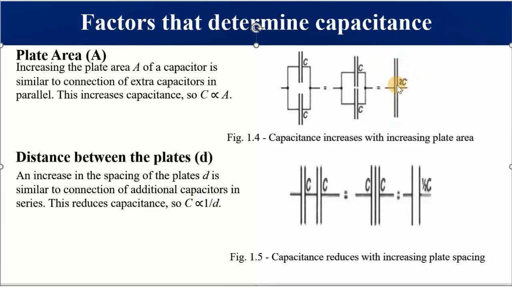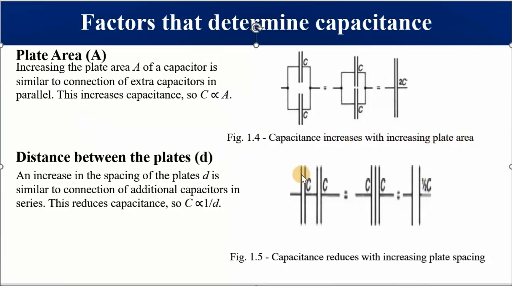So instead of connecting two capacitors in parallel, what can you do? You simply use one capacitor but with a larger surface area. Hence, we can safely say capacitance is directly proportional to the surface area of the two plates. Hence, capacitance increases with increasing plate area.